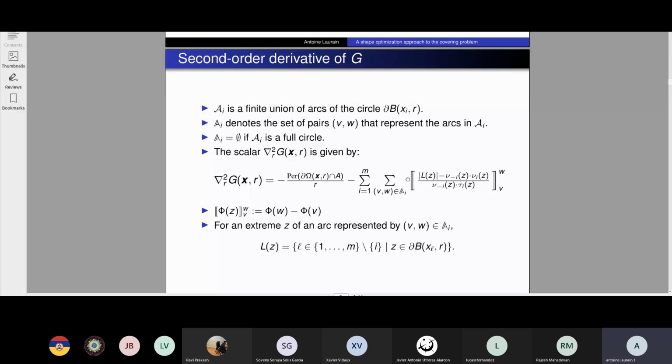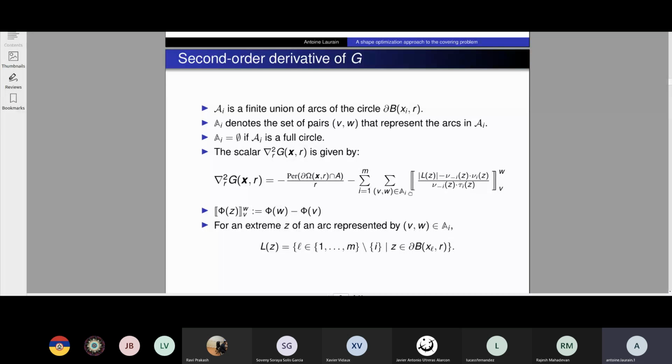And then you have these sums over all the arcs. And you see in these sums, you have this nu i and this nu minus i. So it all depends on the angles between the disks, the way the disks intersect at the intersection point. So it all depends on the angles between the normal vectors at the intersection points in this sum.